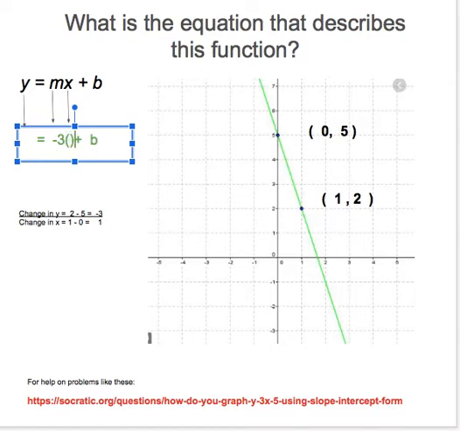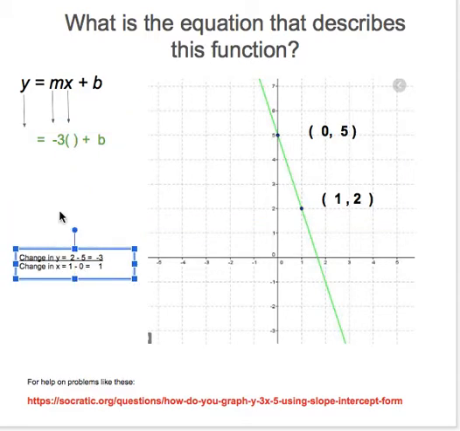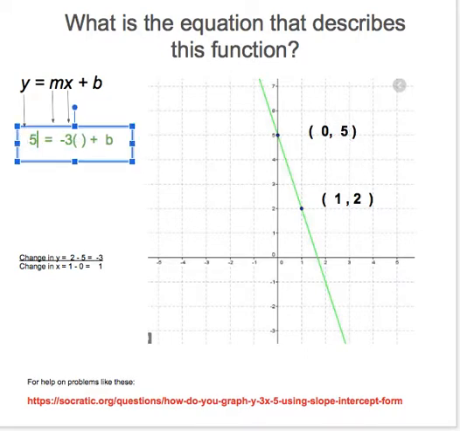So once I do that, I can now plug in some of those variables and see what happens to b. So b is going to be the last thing that we find, right? So again, let's take any of these. Let's do this one, okay? So we're just going to plug these in. So if y is 5 here, we're going to make it 5 over here.